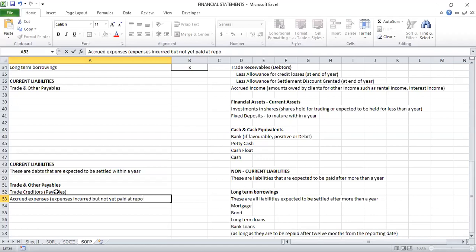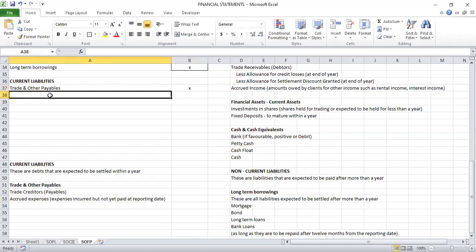For example, let's say you were using a room but you didn't pay the landlord because of financial difficulties, or maybe we didn't pay part of the salaries, or we have not yet paid our insurance although it was for the period, then that would be an accrued expense.